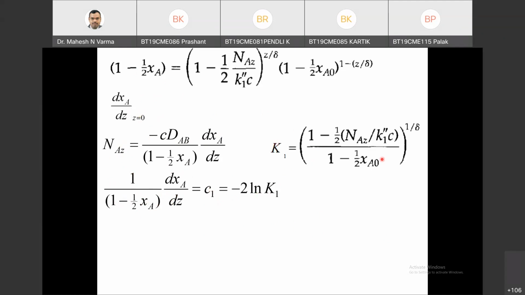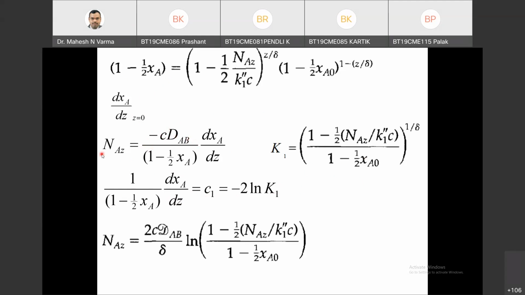This multiplied by capital C and D_AB will give you N_Az. So this will be my flux profile when the kinetics is not very fast.